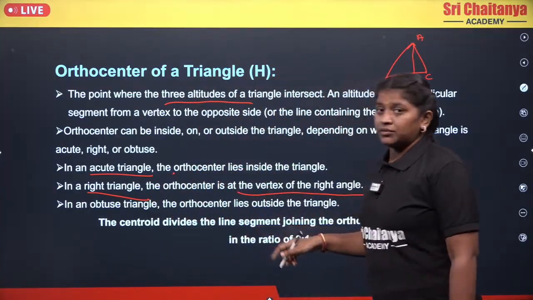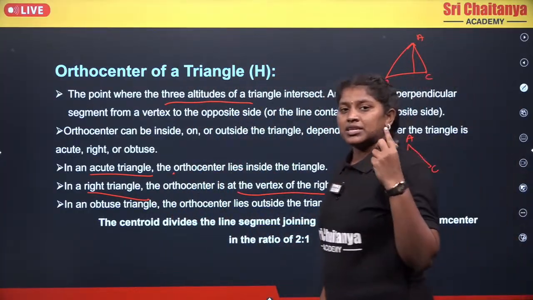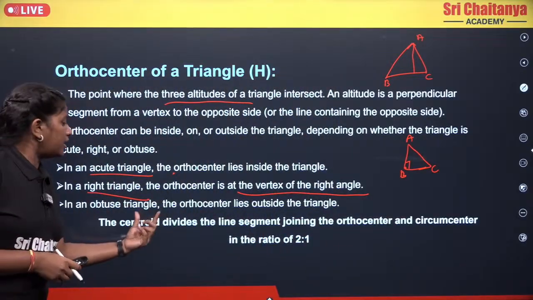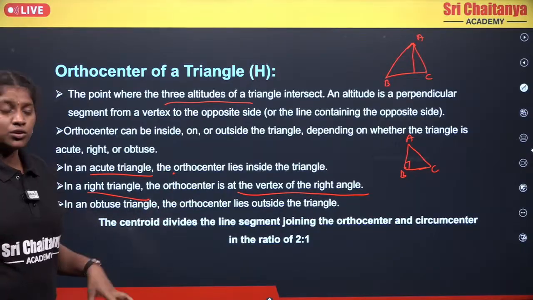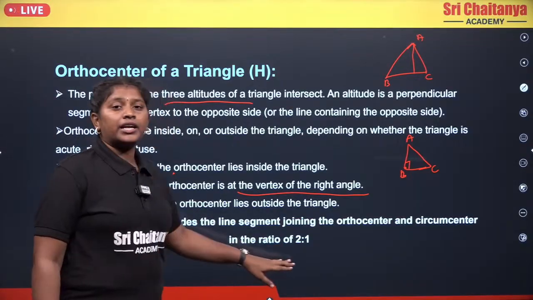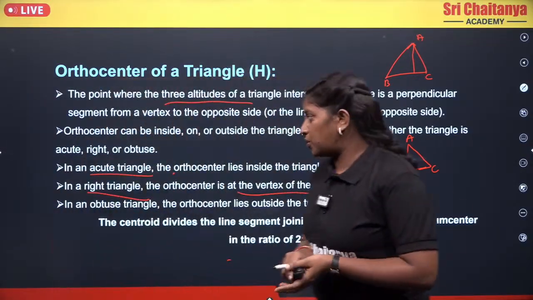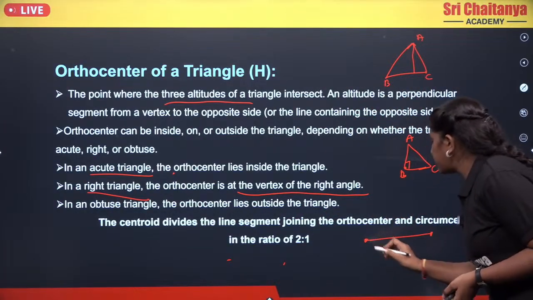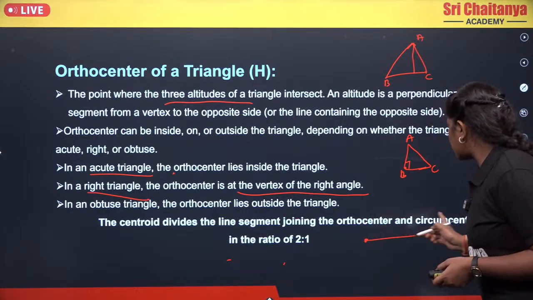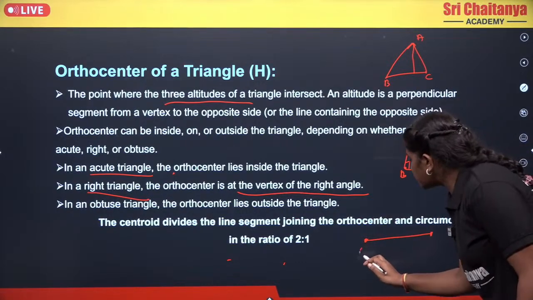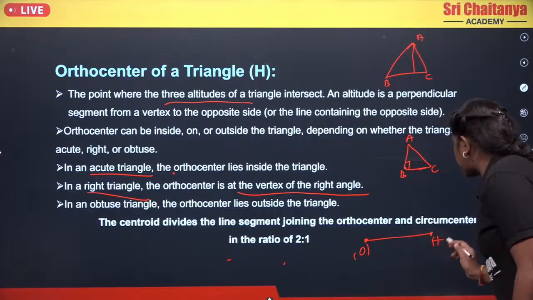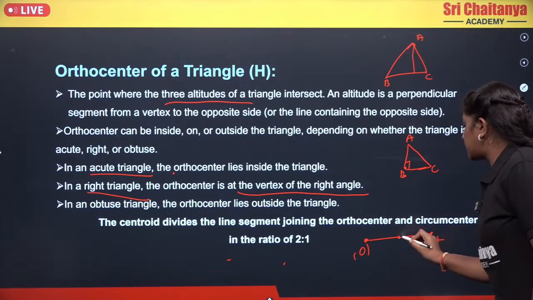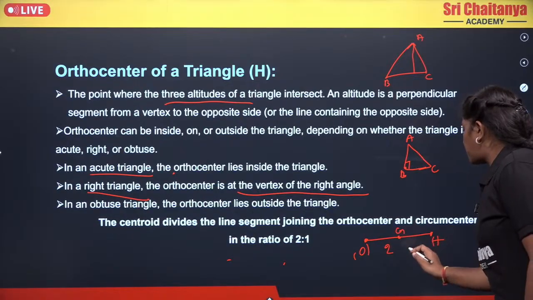Okay, next one, we are having the relation between our centroid, circumcenter and orthocenter. The centroid divides the line segment joining our orthocenter and the circumcenter in the ratio of 2:1. Just consider that you have a line segment joining your orthocenter and circumcenter, which is O and H. Now the centroid will divide this line segment in the ratio of 2:1.